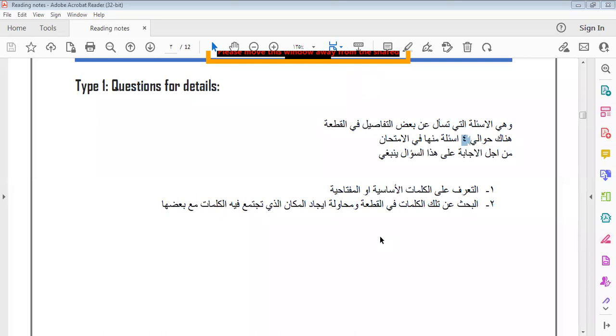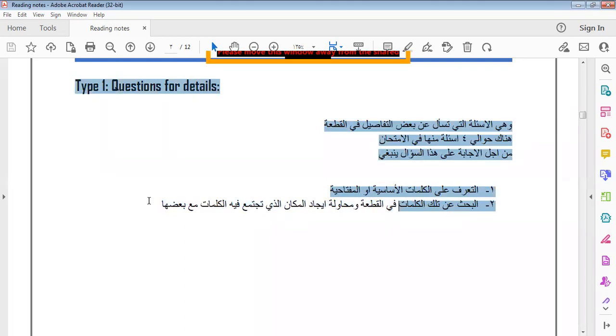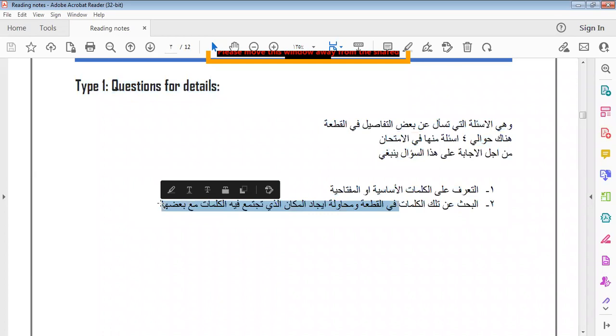To answer this question we must identify the keywords in the question. Then we search for these words in the passage, or synonyms for the keywords, since the keyword itself is not necessarily there.